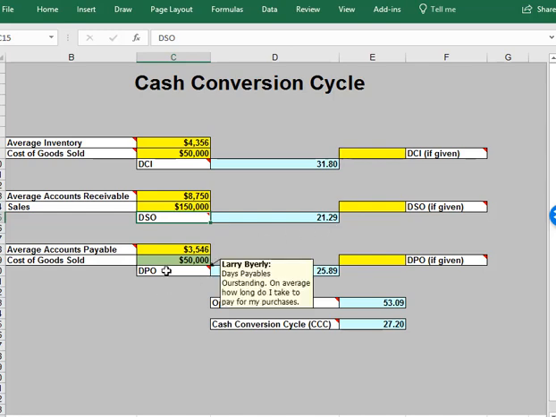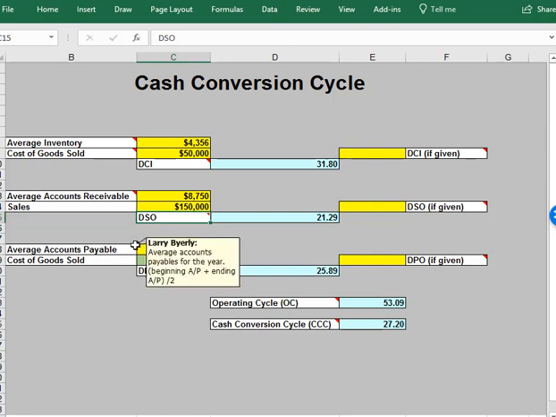The third variable is days payable outstanding. And while I'm thinking of it, you can see these yellow boxes usually indicate some form of a comment. So if you hover over one of these cells, it'll give you some information about that line item.